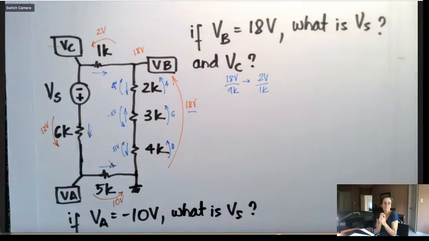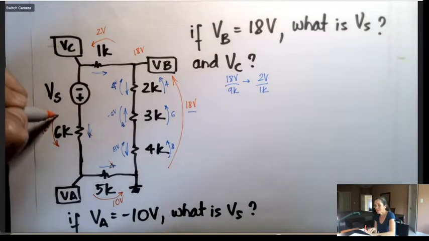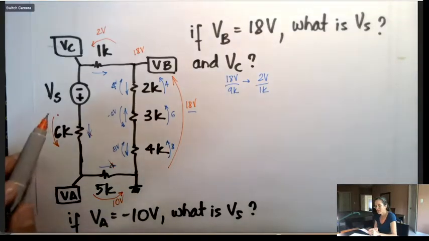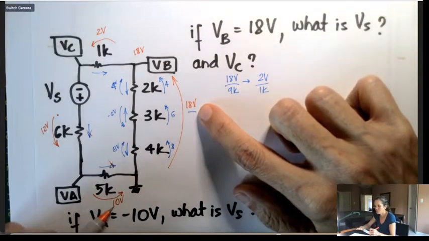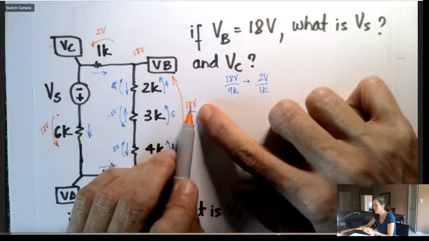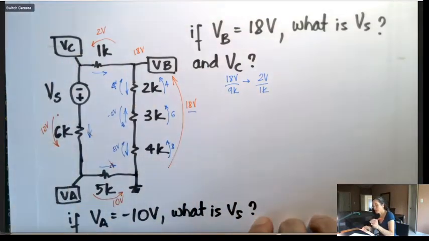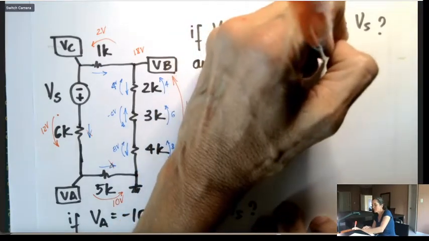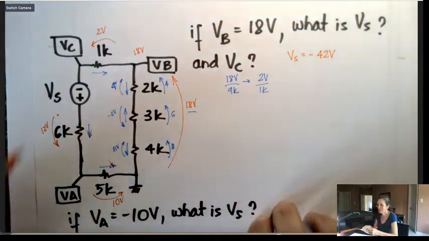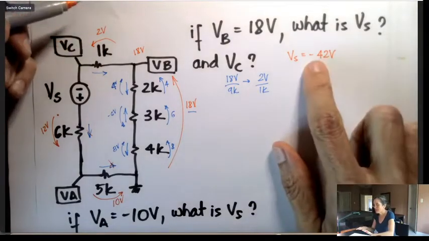On the exam, that's all you need to do. If my question was just VS, what happens is, this is the negative, and I'm adding 12, 10, 18 is 22, plus 18 is 40, plus 2 is 42. So what happens is, VS is minus 42 volts. Why minus?